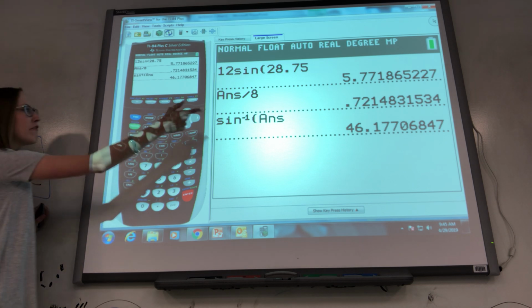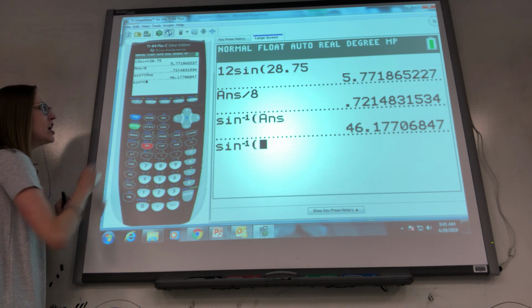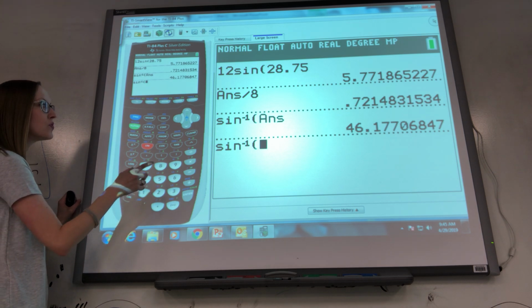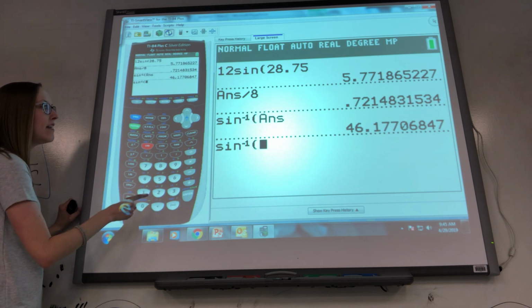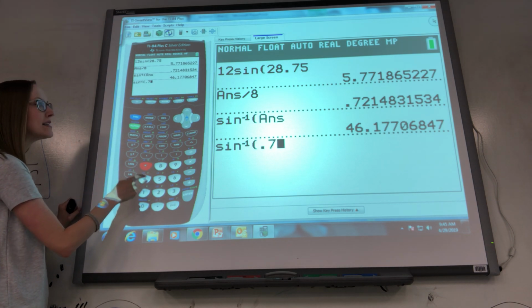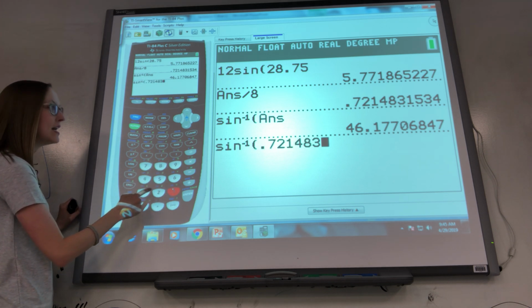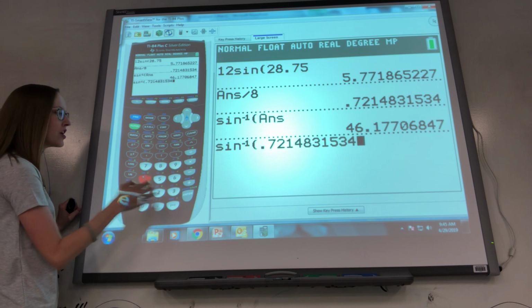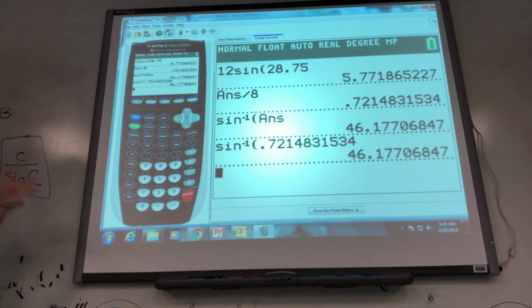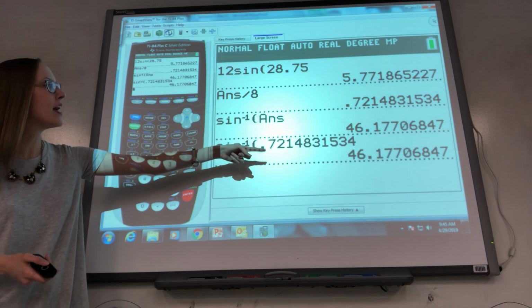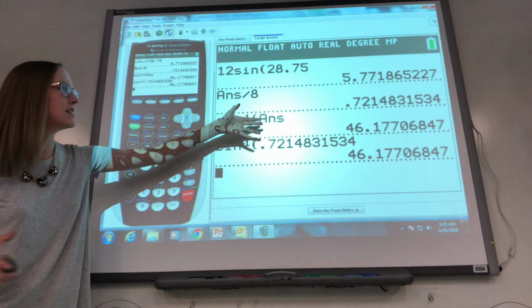Now, if you can't find the ANS button, you can always kind of do it the old way and just type in inverse sine of 0.7214831534. You can type in as many places as you want, and it'll give you back the same thing, but that's just a quicker way to do it.